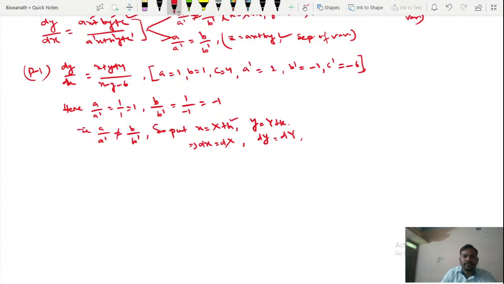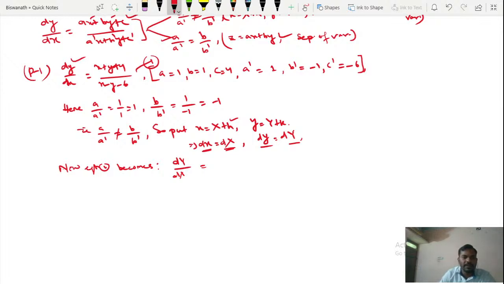So if we put these in the given equation, suppose the given equation is equation 1, now equation 1 becomes d capital Y by d capital X, because d small y equals d capital Y and d small x equals d capital X. So I will replace these here.